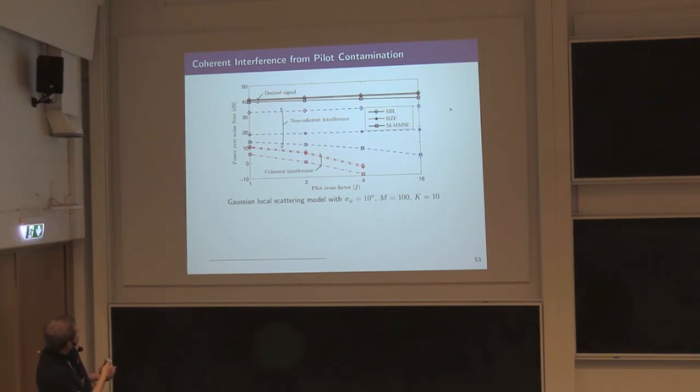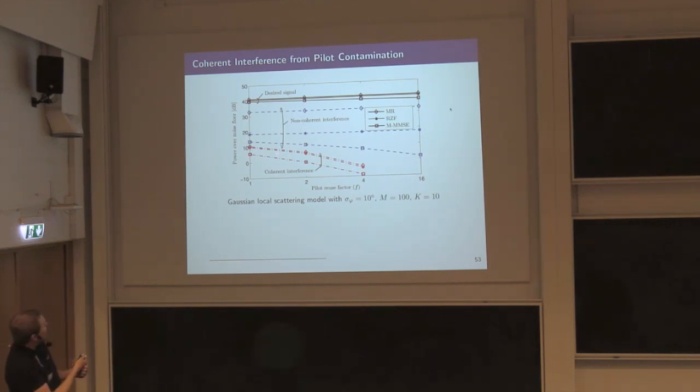With regularized zero forcing, we sacrifice a little bit in desired signal. We cut down on the non-coherent interference a lot because now we are actually trying to reduce the interference between the users in their own cell. And zero forcing will do the same thing. The difference in coherent interference is almost negligible. With multicell MMSE, we are further reducing the non-coherent interference, and now we see that it goes down a lot as we increase the pilot reuse factor as well, because now we can use more and more good estimates of users in other cells to reduce interference as well.